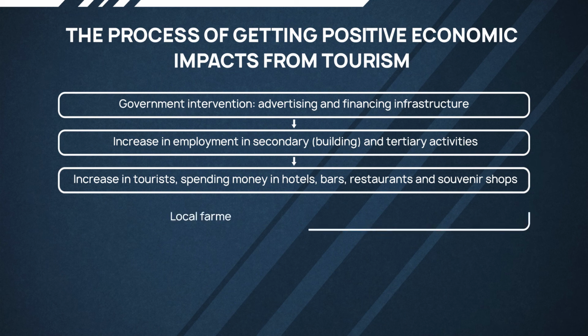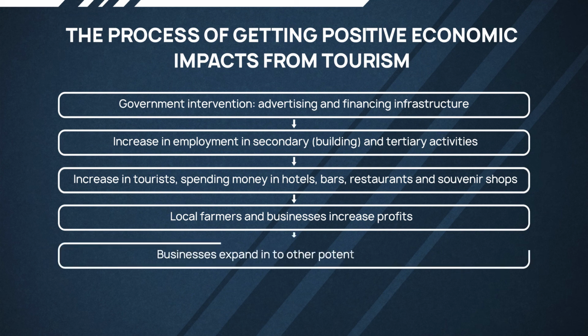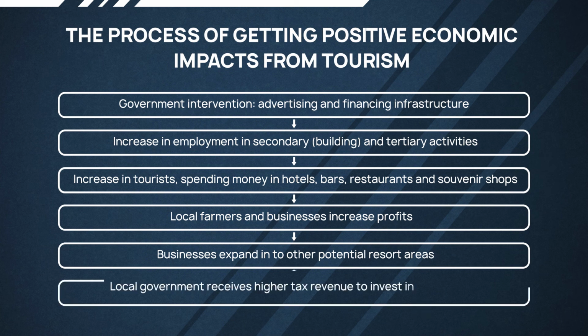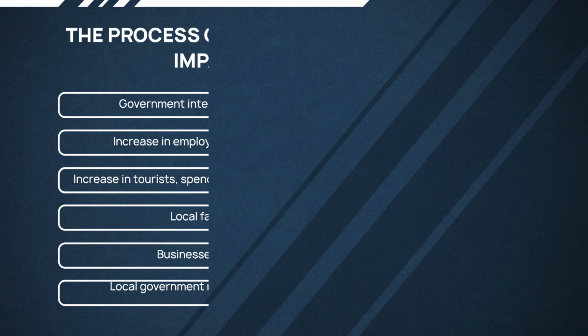As a result, local businesses and farmers increase profits. And then businesses expand into the other potential regional areas. At last, local government receives higher tax revenue to invest in education, healthcare and infrastructure.